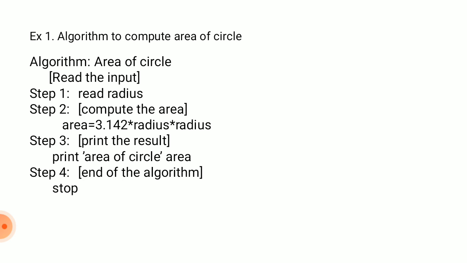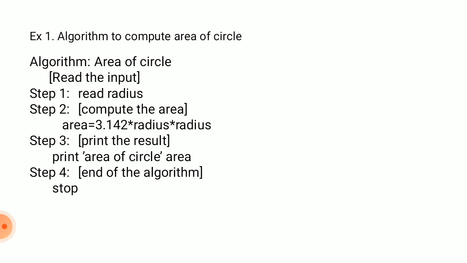You might know the formula for the area of a circle: area of circle is equal to pi r square. You should know the value of pi, which is a constant value, 3.142, and r means radius. Here first you should understand what you know, what you don't know, and what you are going to process.